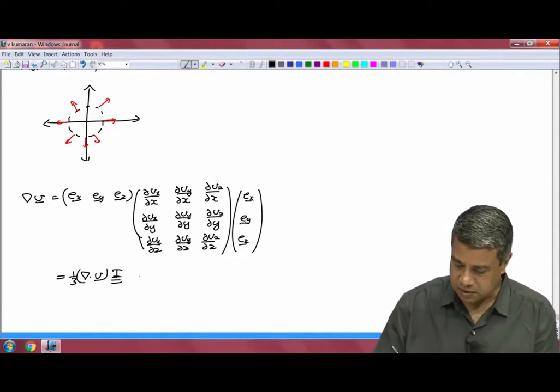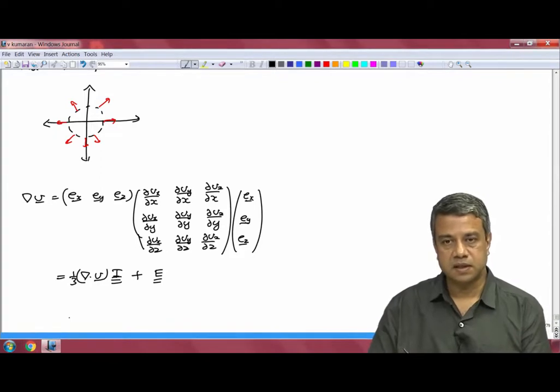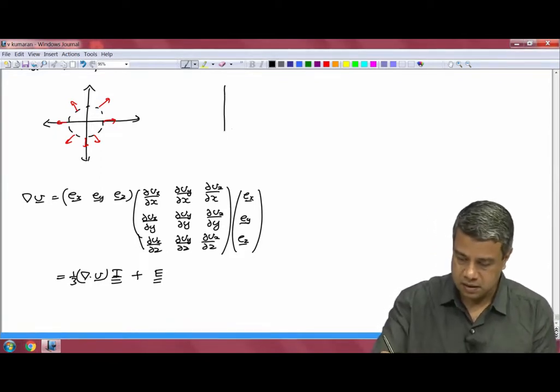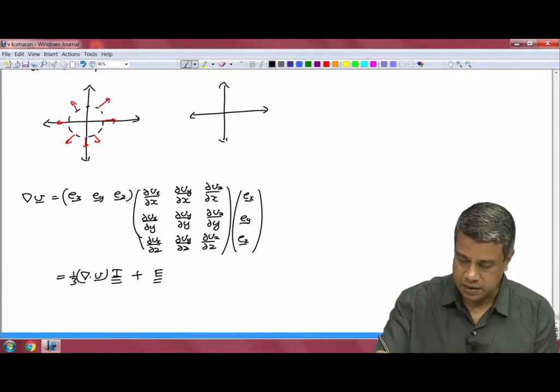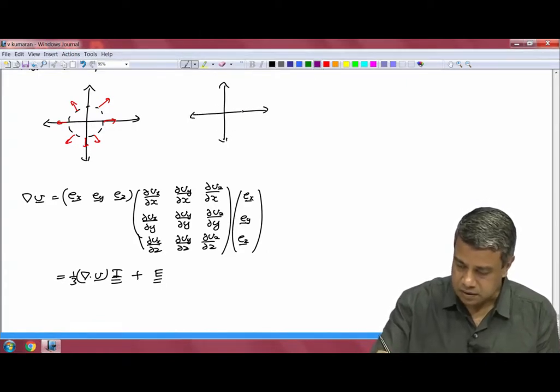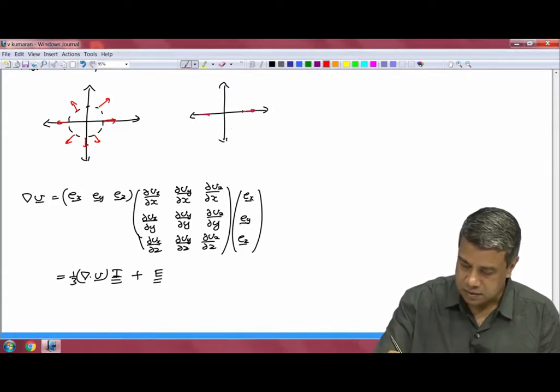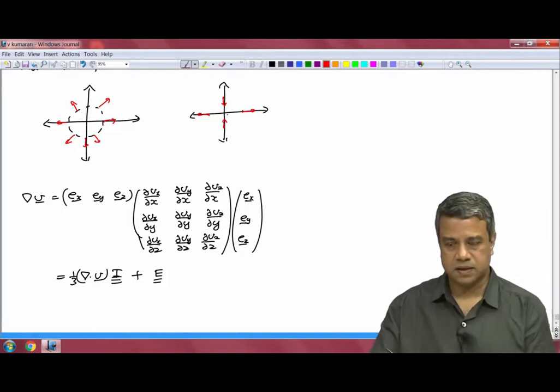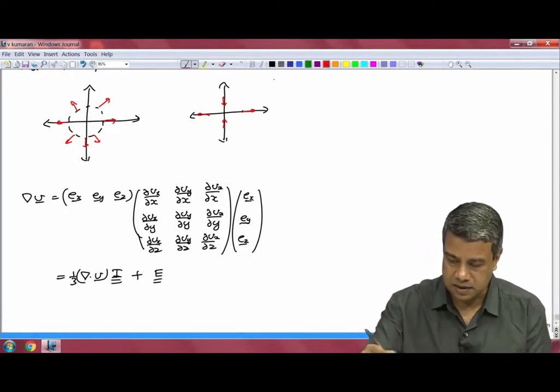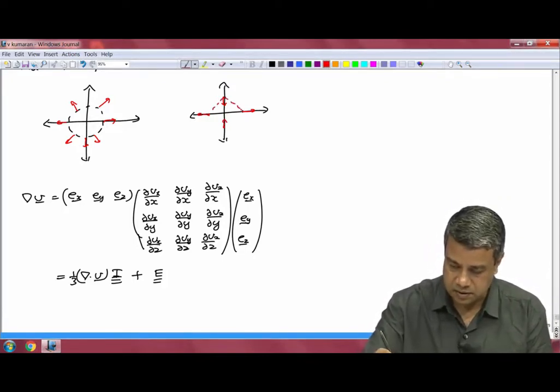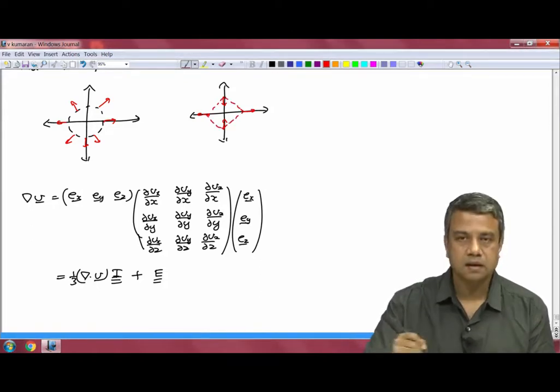The second part was the symmetric traceless part, which represented extensional strain, and if you recall, the displacement due to this kind of strain was extensional along one axis and compressional along the orthogonal axis in 2 dimensions.